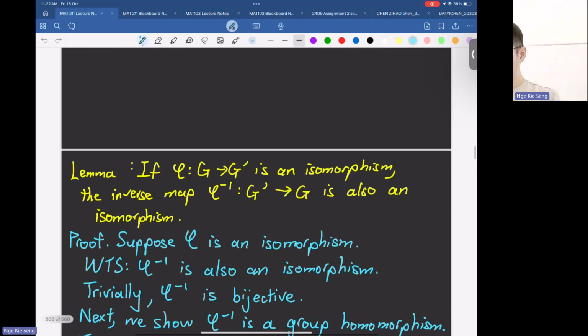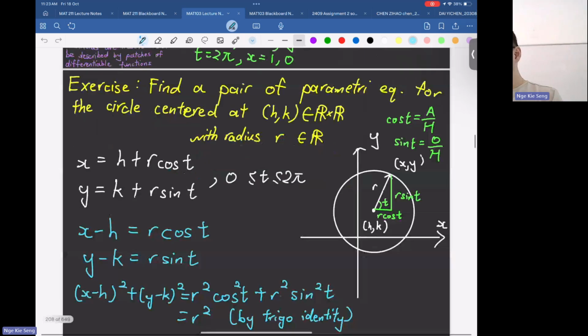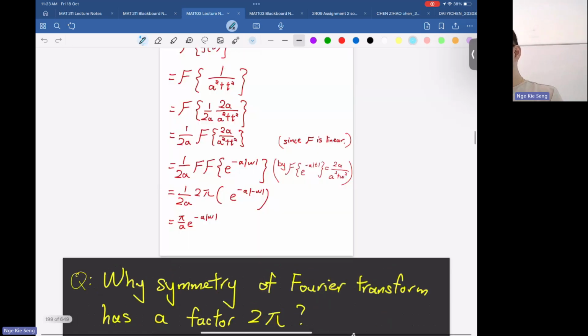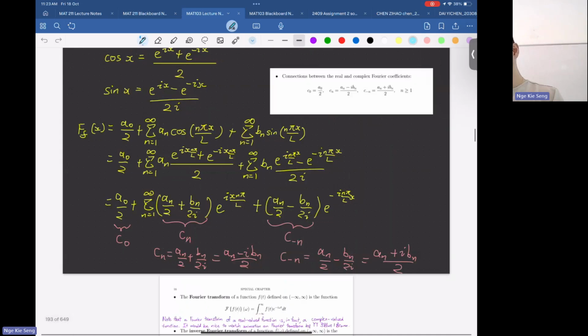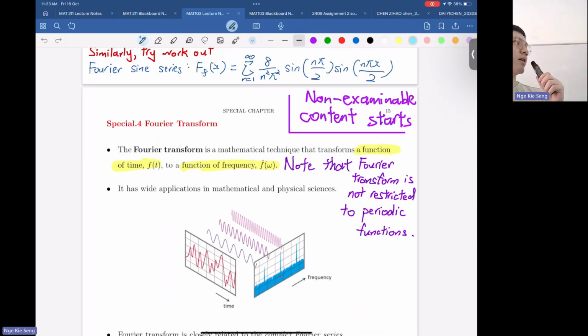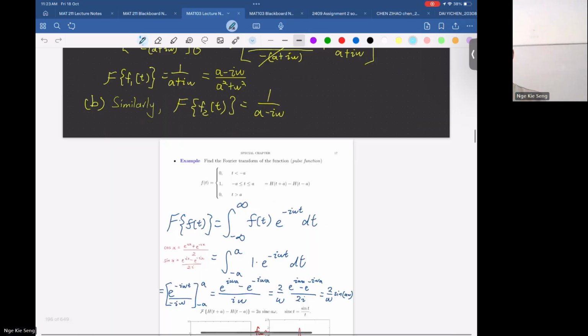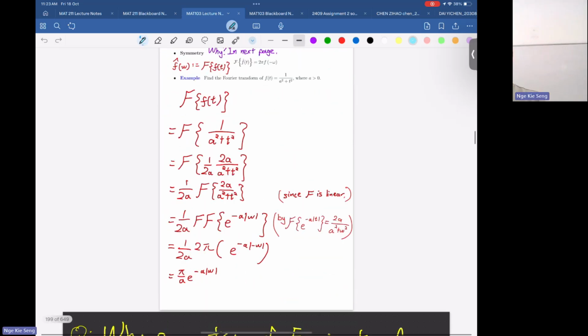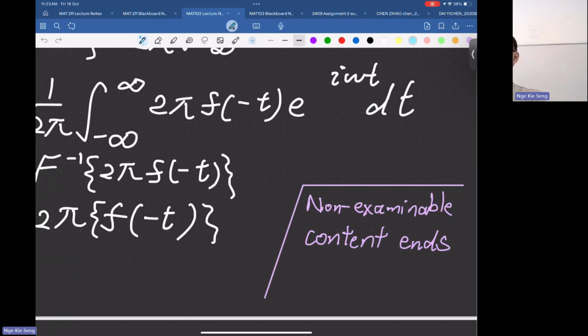Another thing about my lecture notes: Yiping asked which parts get tested and which don't. For some of the material, I will write explicitly that it's not examinable. Those are things you can skip if you like. For example, I'll tell you that you don't need to read this part if you don't want; you can learn it yourself, but it's non-examinable. In the end, I will say where it ends, so this whole part is not examinable.